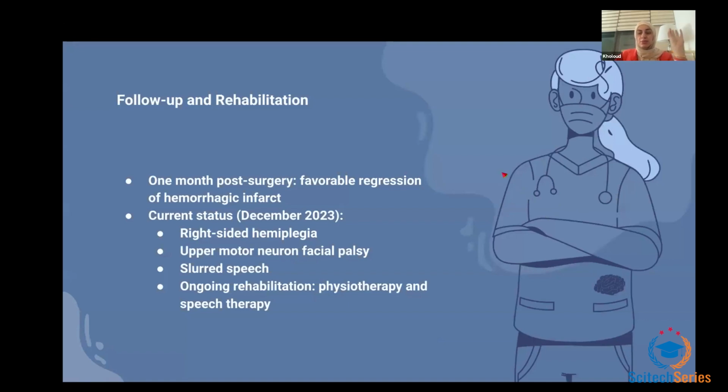And then the last time before she was discharged from the hospital in December 2023, she had right-sided hemiplegia, upper motor neuron facial palsy, and slurred speech. And she was ongoing with physiotherapy and speech therapy. Since then, she went back to the Philippines to continue her physio and speech therapy. But that's the last account we have of her.